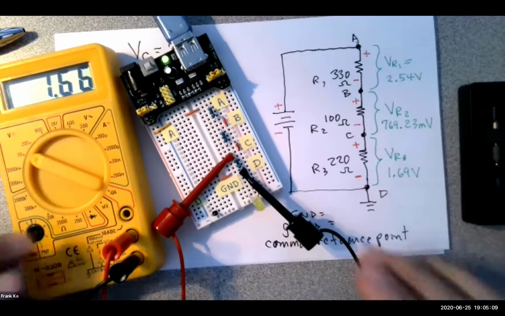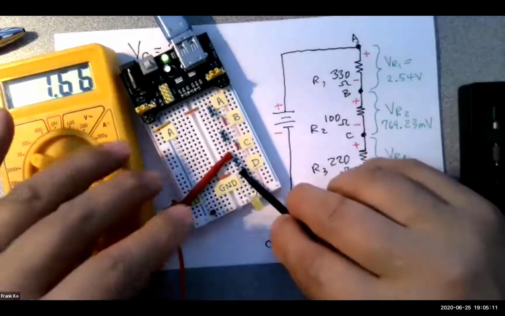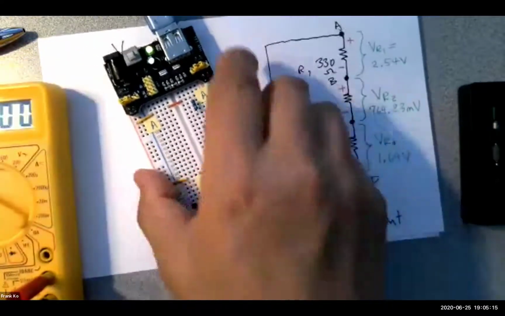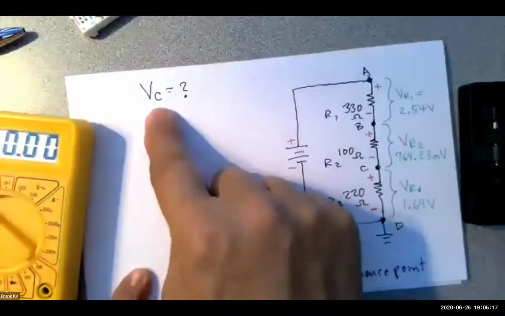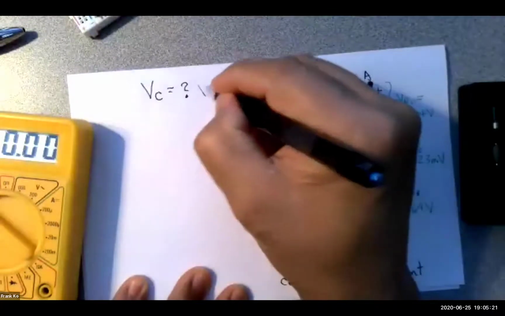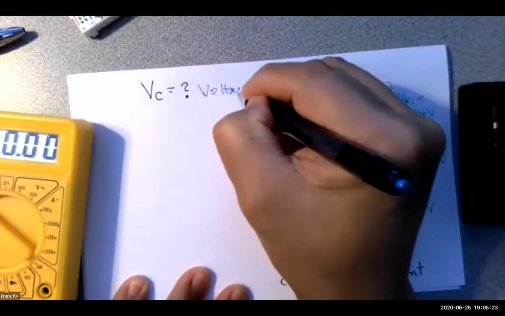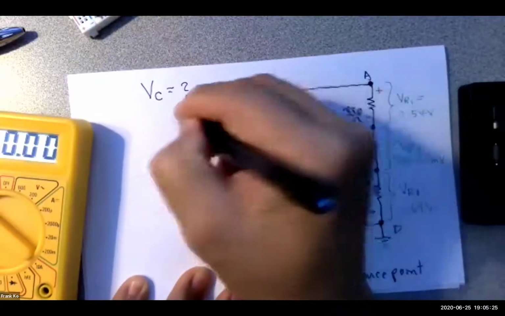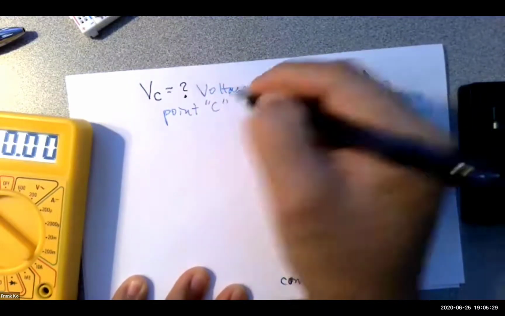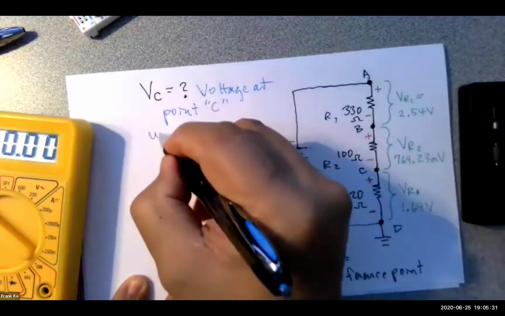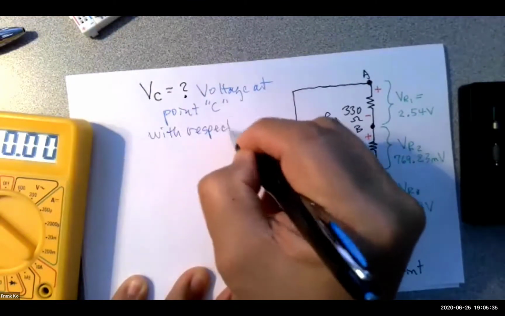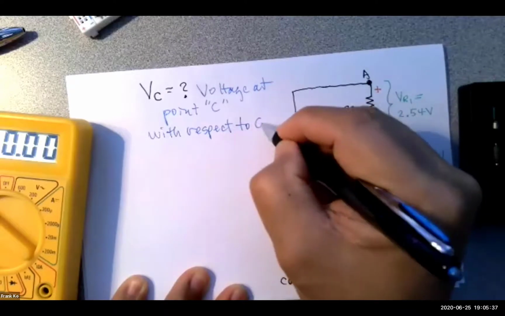Yes? All right. So here is the next lesson to learn. When you see single points like this, VC, this means voltage at point C, and here's the phrase, with respect to ground.